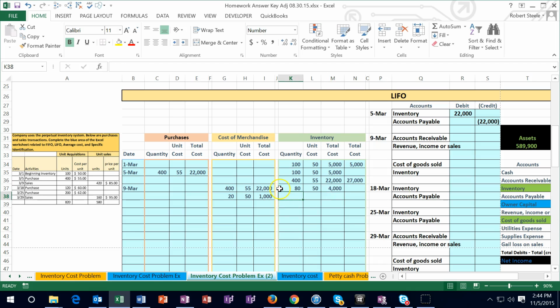Then of this 400 units at 55, how many of those do we have left? None, because we're going to say the 400 minus the 400 that we sold at 55 means that we have 0 left in both units and dollars.